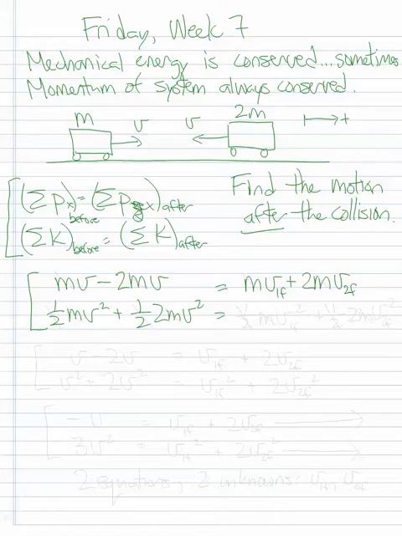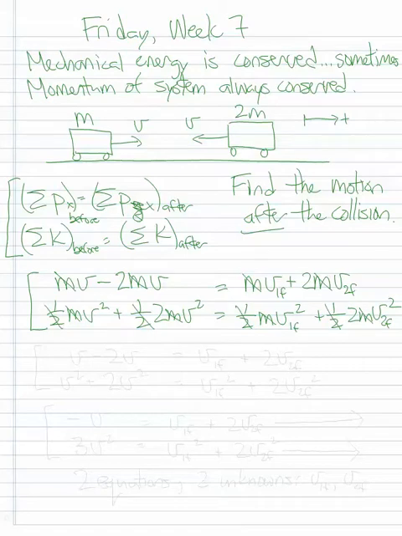Okay, so 1/2 mv1f squared is the kinetic energy, and 1/2 2m v2f squared. So I can make these simpler by dividing through by the m's and dividing through by the 1/2.